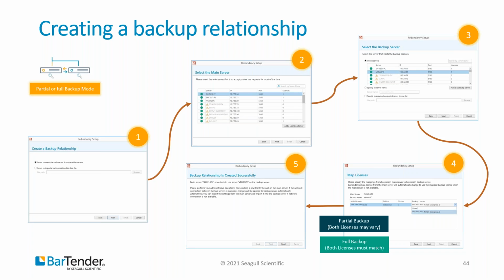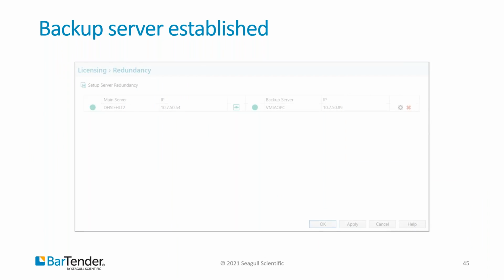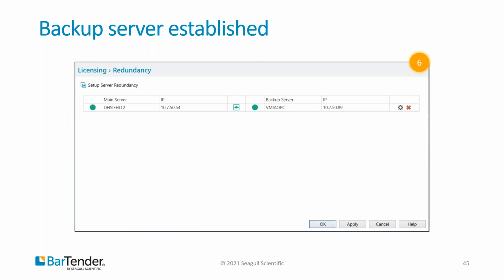And that will result in a successful backup relationship being created. And you'll see the backup server license is established. So you can see where the primary is located and where the backup license server is located.